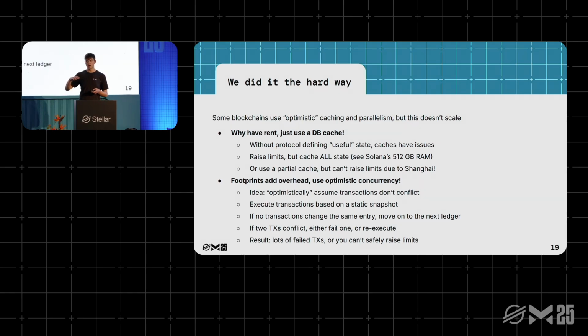Alternatively, if you do the optimistic approach where you throw away all your work and then re-execute transactions that conflict in a sequential manner, then again, you can't safely raise limits. An attacker could always submit transactions that are all guaranteed to conflict, such that you have to be conservative and you can't raise limits assuming parallelism because you'd, again, be liable to a Shanghai-style attack.